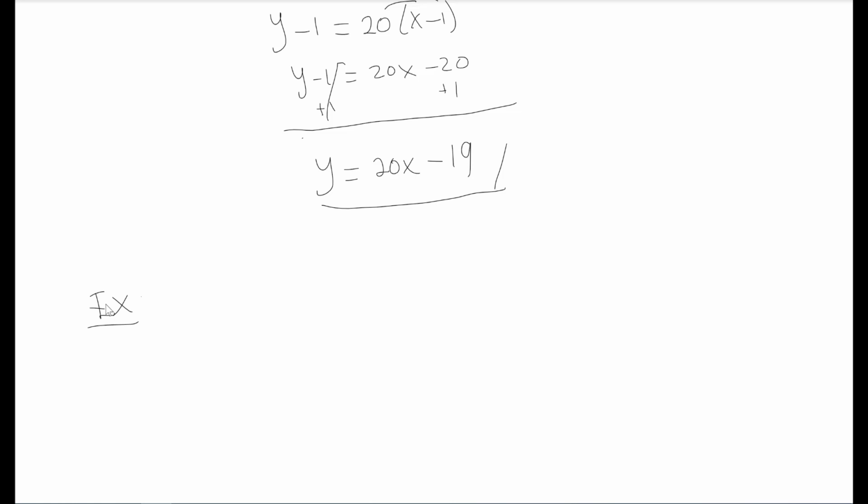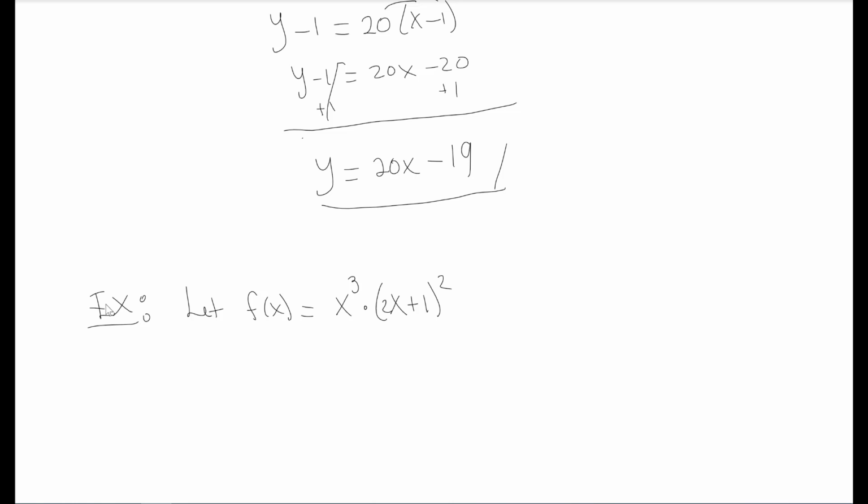So for example, let f of x equal x cubed times, let's do 2x plus 1 squared.